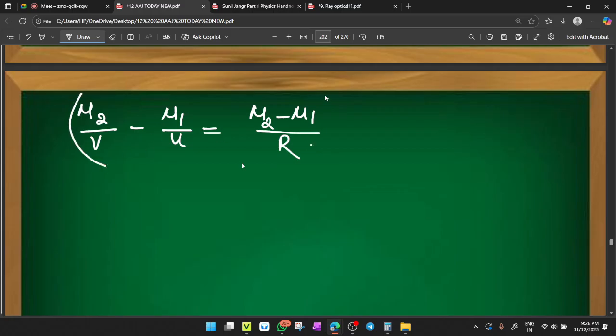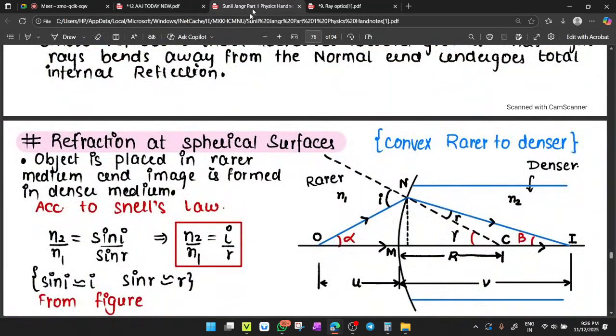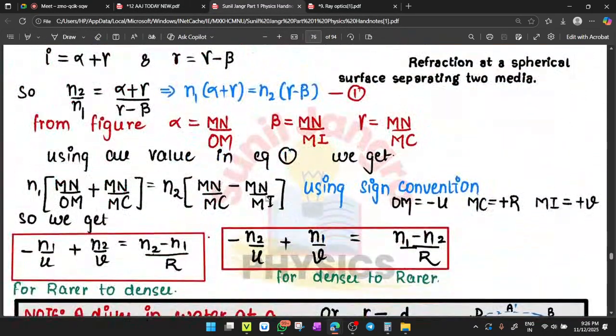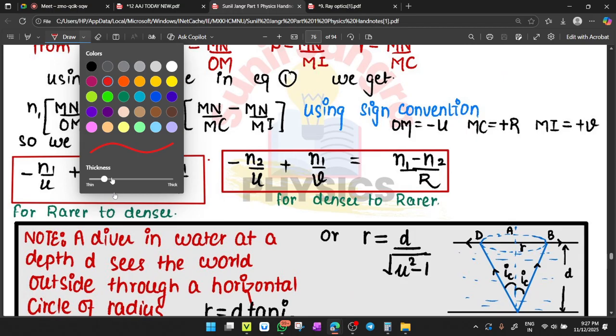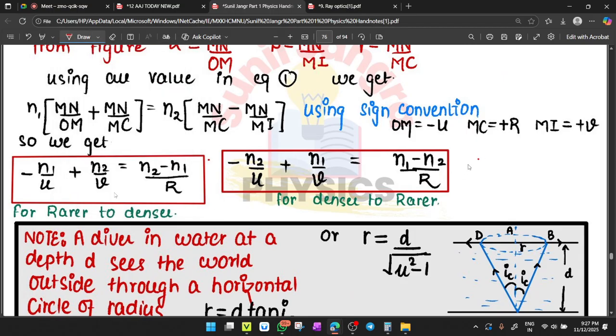This is your formula. Very, very important. Mu2 upon V minus mu1 upon U equals to mu2 minus mu1 upon R. Check here, in the place of mu2 we have taken N2 upon V minus N1 upon U, or mu1 upon U. You can write this like this also. Clear?